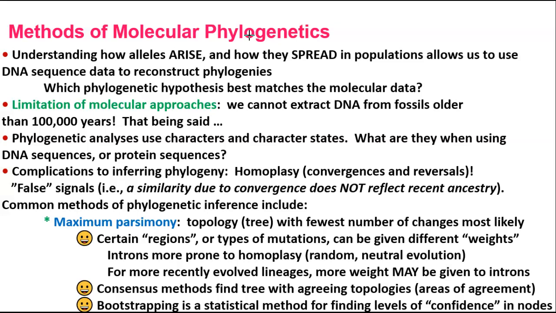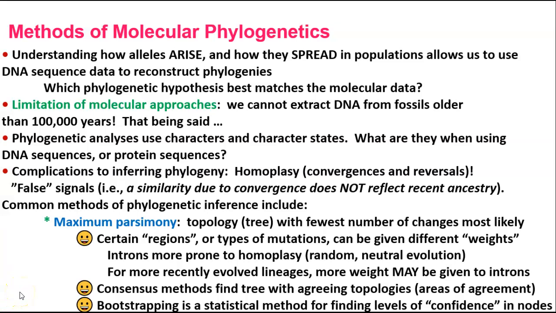That would be considered a fairly significant bootstrap value that essentially says 70% of the time the trees that were produced from this random sampling of data all came up with these lineages as being closely related. So bootstrapping is another valuable, important tool, a statistical method for finding levels of confidence in various nodes.